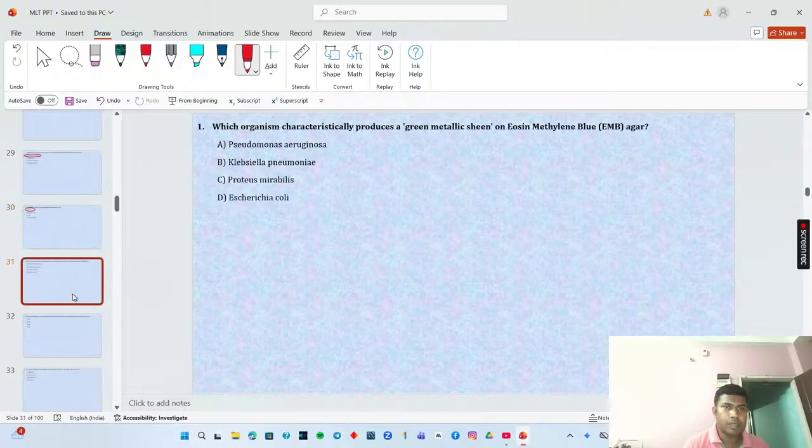Now, the next question is: which organism characteristically produces a green metallic sheen on eosin methylene blue EMB agar?